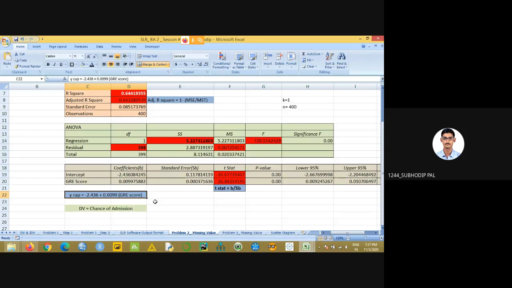First we take one independent variable, then the second. So if there are two independent variables, there will be two interpretations.